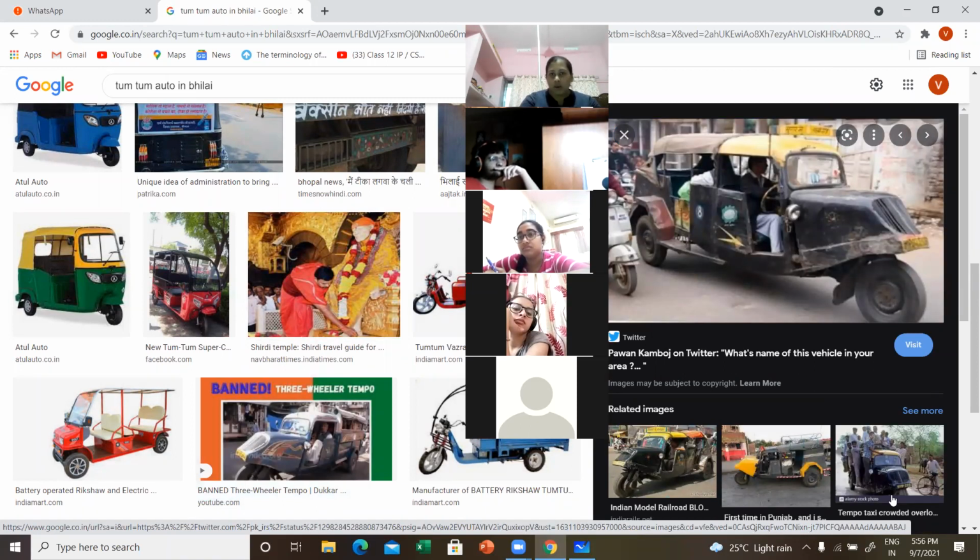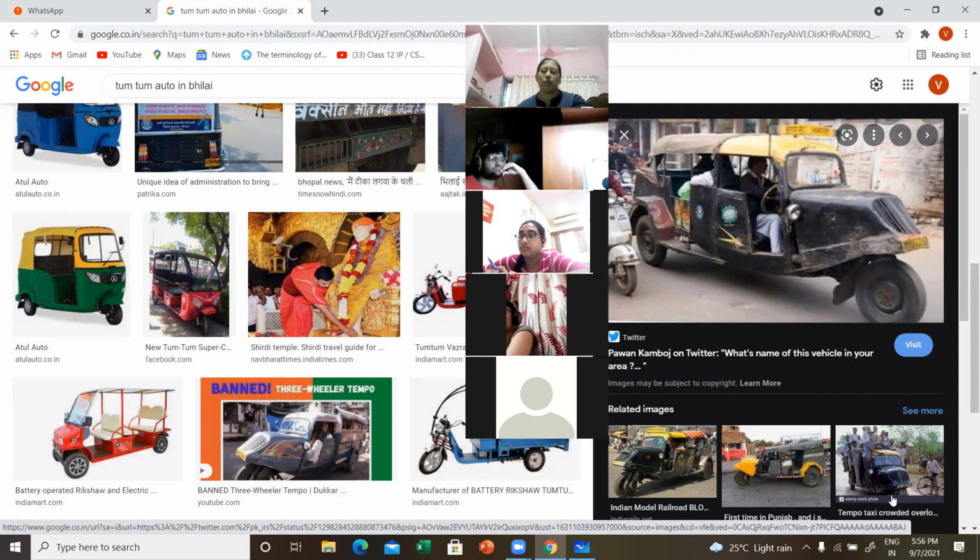To start this auto, there was a belt. The auto drivers just put that belt around the turbine-type part and pull it, and then my tum-tum starts. It produces lots of pollution.